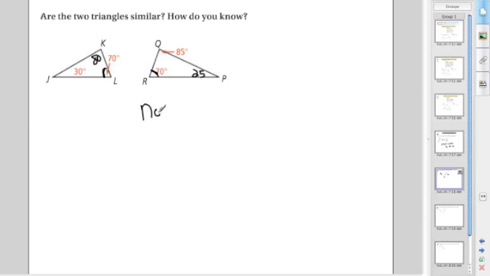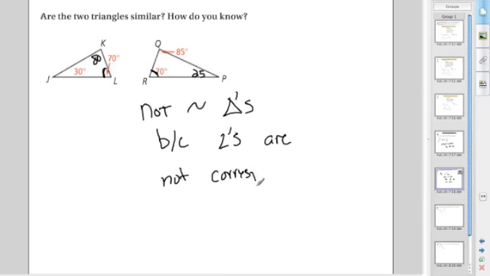So they are not similar triangles because our angles are not corresponding congruent. So again, we can stop because we know all angles are not corresponding congruent, therefore they're not similar, and obviously they cannot be congruent triangles either.